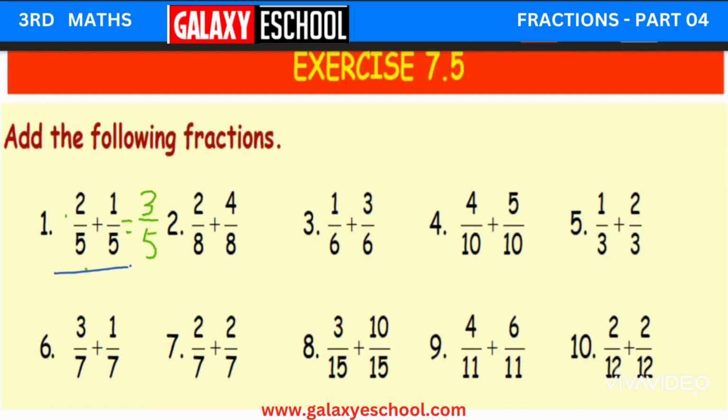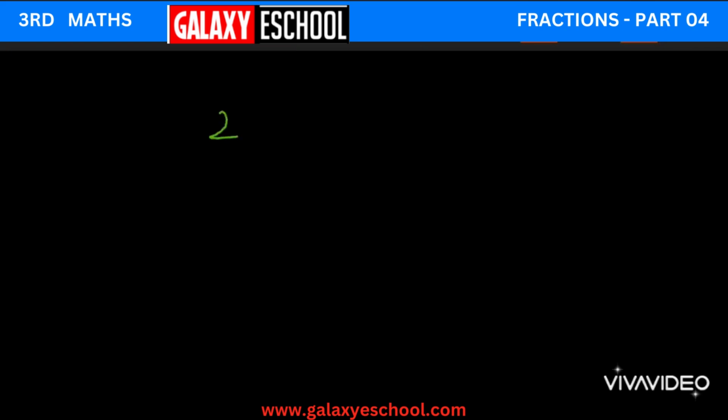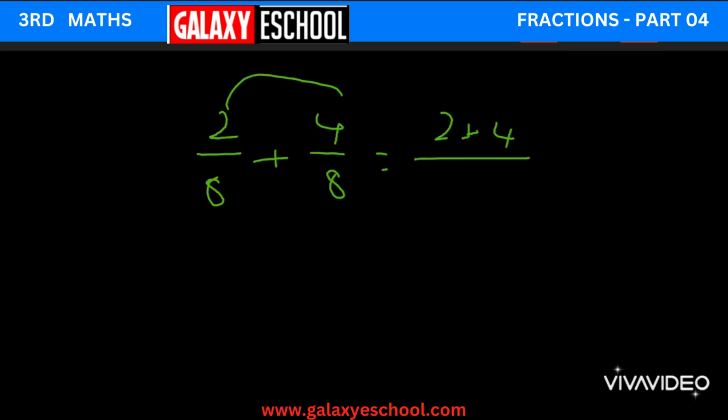Question 2. 2 by 8 plus 4 by 8. Now again what to do? Add the numerators together. 2 plus 4 divided by the common denominator 8.